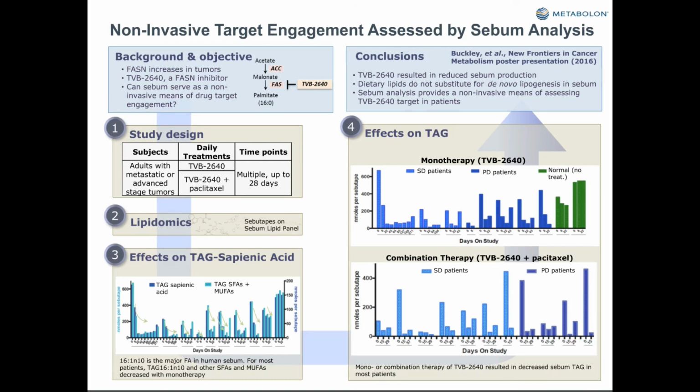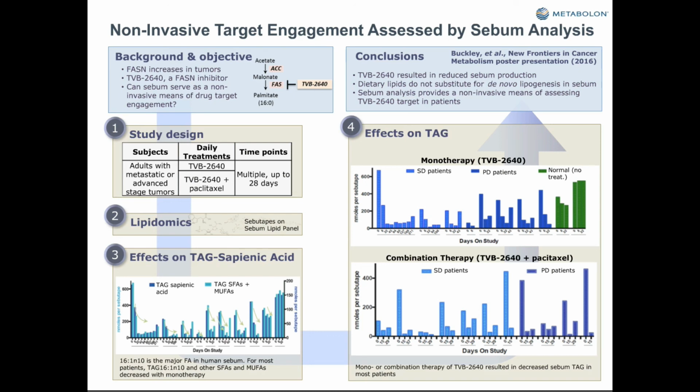This drug is used for cancer patients because a lot of cancer cells use a lot of fatty acid for energy and growth. So the idea is that if this drug can impact fatty acid synthesis, does that also impact the fatty acid composition of sebum? And can sebum be used as a non-invasive means of drug target engagement?